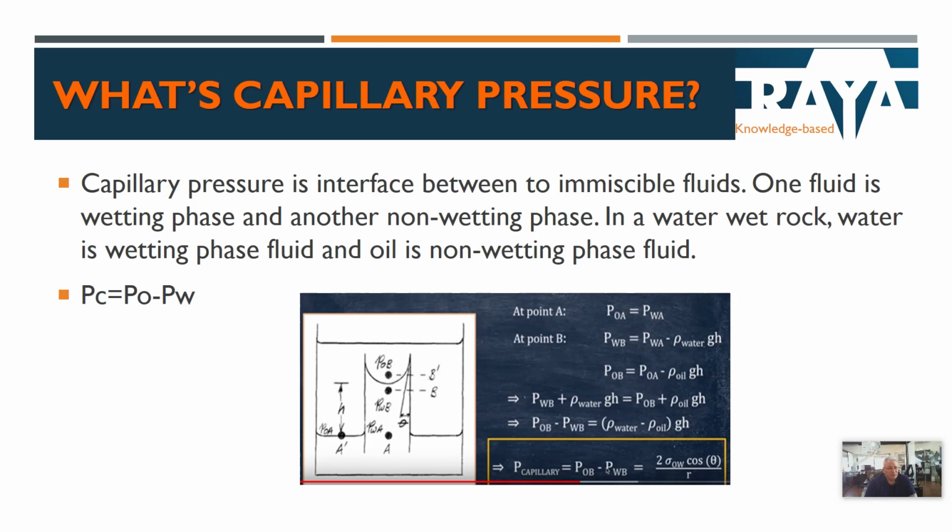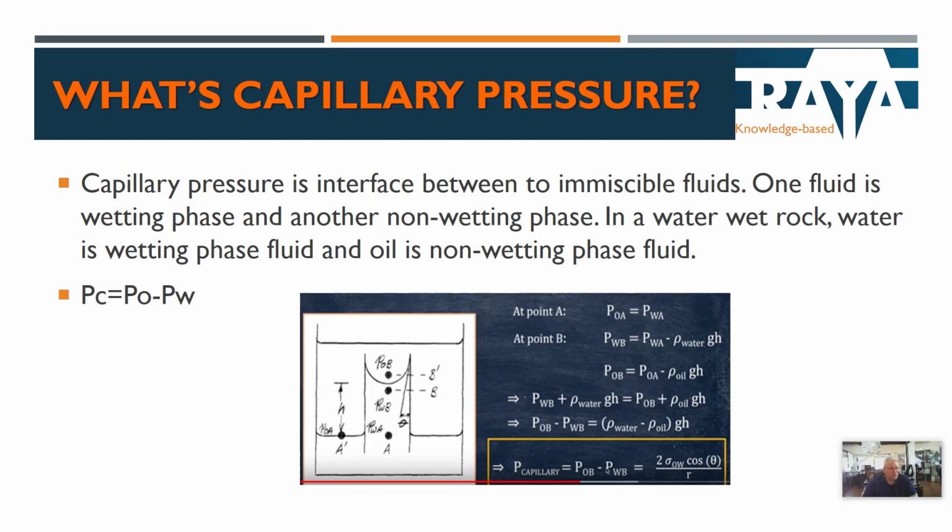For a water-wet rock, the oil is the non-wetting phase and the water is the wetting phase. Okay, the capillary pressure, as we demonstrate, is oil pressure minus water pressure.